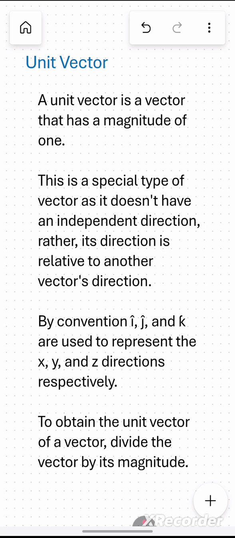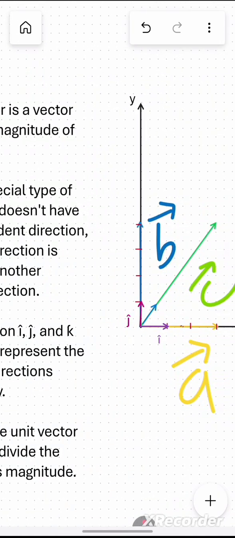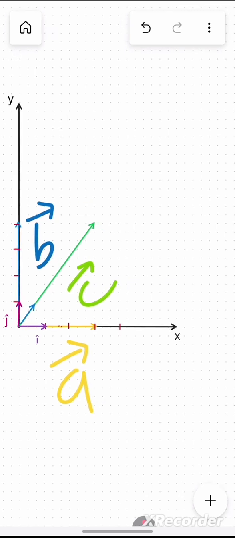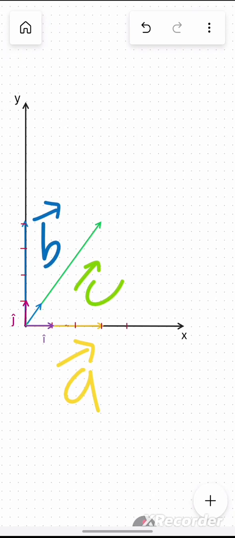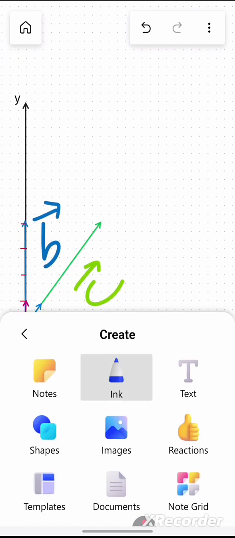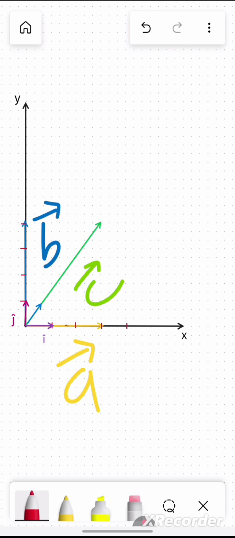So every vector can have a unit vector. What is the unit vector of any vector? It is the vector that has a magnitude of 1 and is in the direction of that vector. So say for example we have this i cap vector.